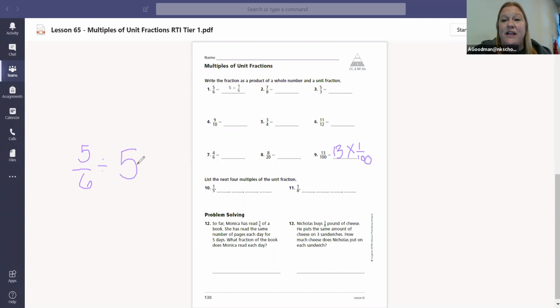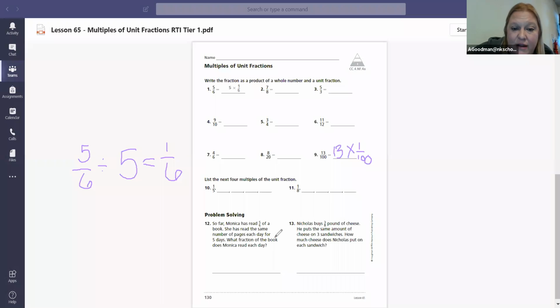So if we were to divide 5/6 into 5 equal groups, each group would only have 1/6 in it, right? 1/6. So she is reading 1/6 of the book each day.